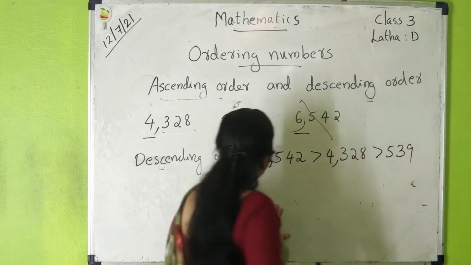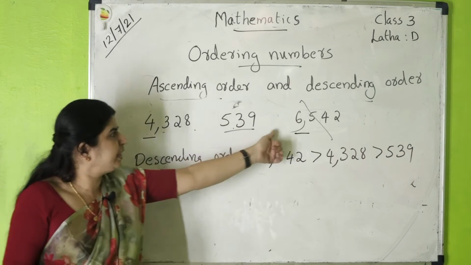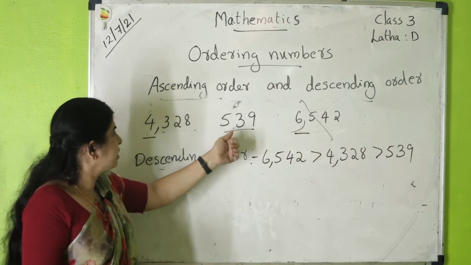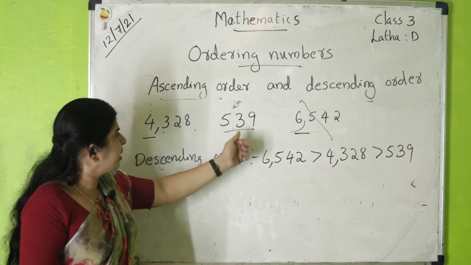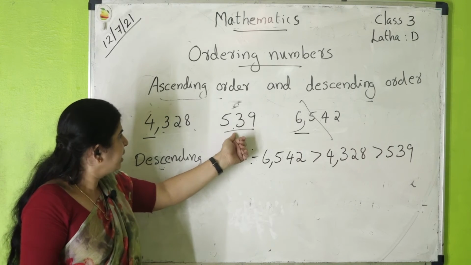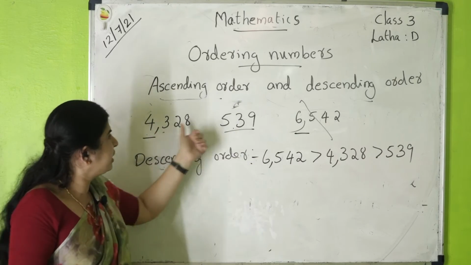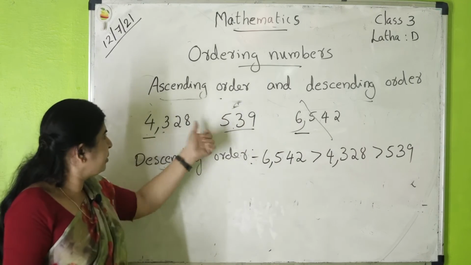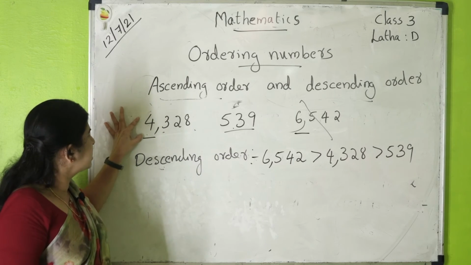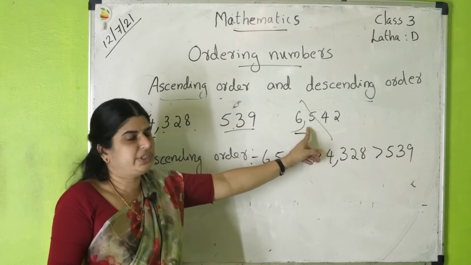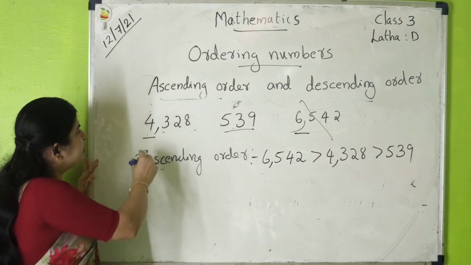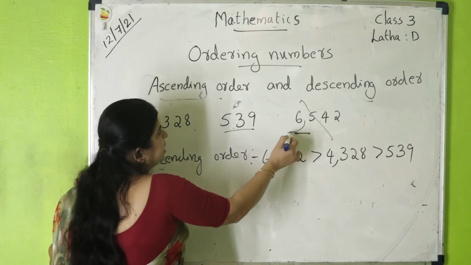Then the last, the smallest number, 539. Then look here, first we count the digits. This number has only 3 digits, and therefore this is the smallest number. And then we compare these numbers, this has 4 digits, this also has 4 digits. Therefore, we compare the leftmost digit, 4 and 6.